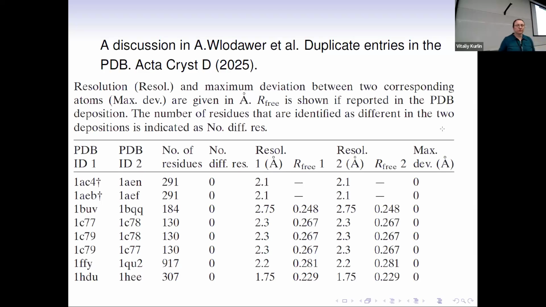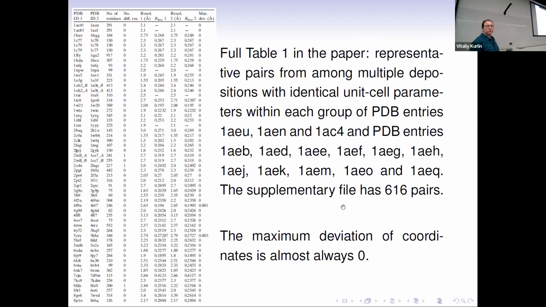Here is a sample of this table: the first PDB, the second PDB, the number of residues and the number of different amino acids in them, and the quality of the results. Most probably they should be good. And here is the full table of 553, I think, instances that they analyzed. The symptomatic file has way more.